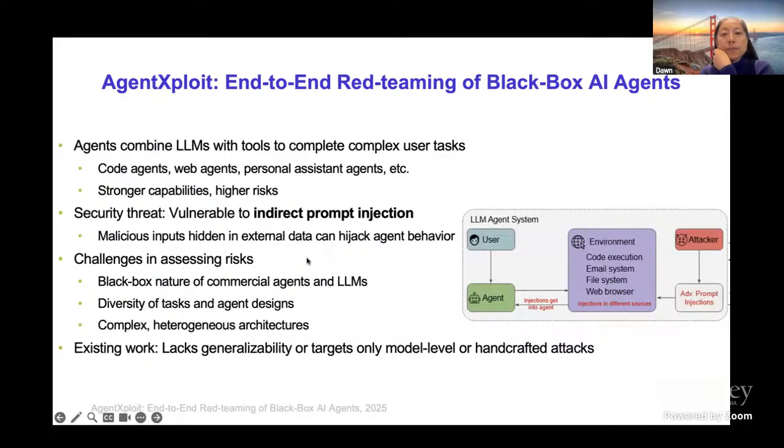And as I mentioned earlier, there are different types of security threats, such as indirect prompt injection. So the challenge here is that we want to assess and evaluate, for example, the vulnerability of the overall agent system against different types of attacks, such as indirect prompt injection.